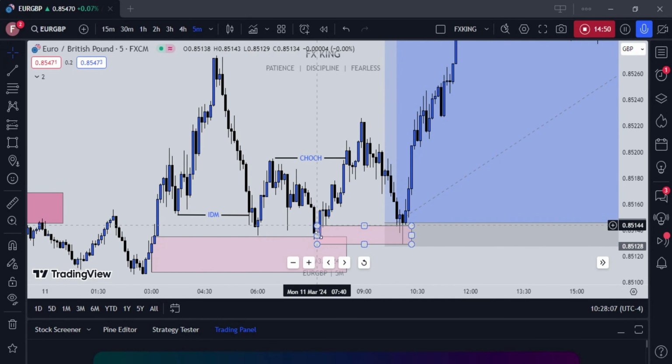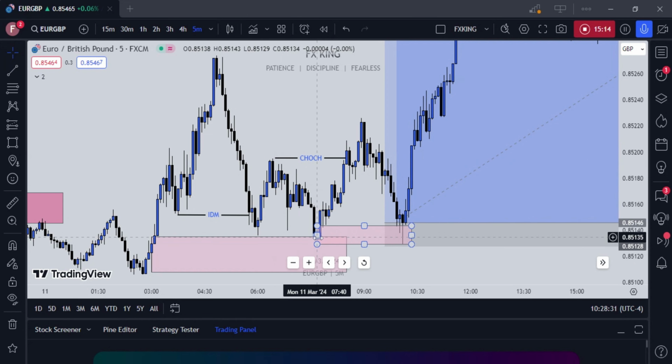After price taps into our higher time frame POI, we move to a smaller time frame, right? Now, where is our last pullback? This is the pullback here. This is a valid pullback because it took out the high of this previous candle and price pushed below it. It might be a wick or something, but price pushed below this zone. So this is our change of character.